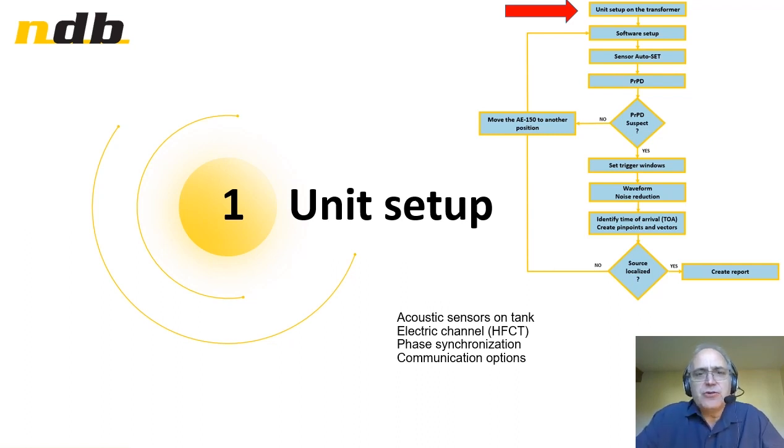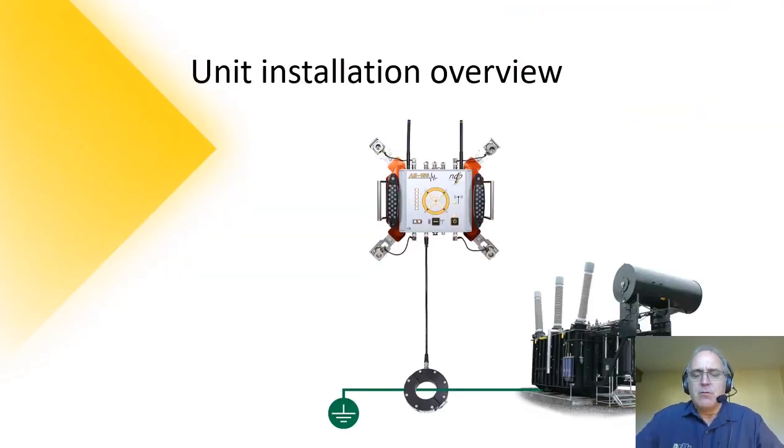The first thing to do with the AE-150 is to set up the unit on the transformer. The unit is magnetized. You have strong magnets, and the unit is magnetized on the transformer steel wall.